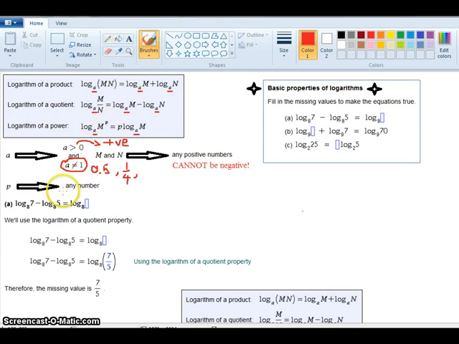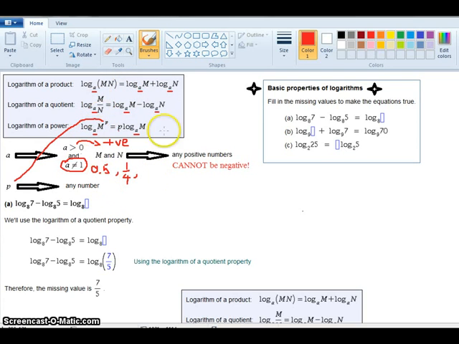This p can be any number, so there's no restriction to it. It could be positive or negative. I recommend you remember all three formulas.